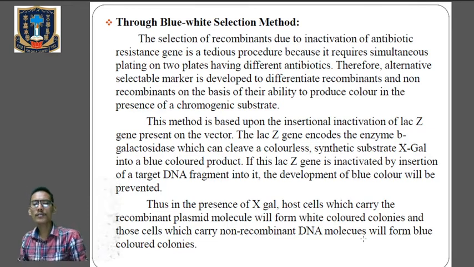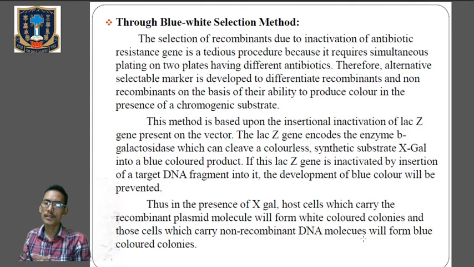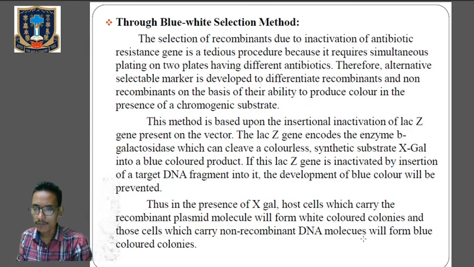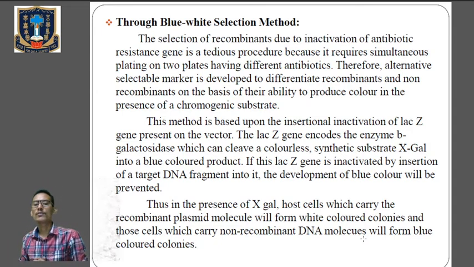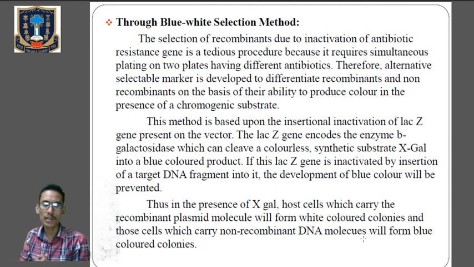Alternative selectable markers were developed to differentiate recombinants and non-recombinants on the basis of their ability to produce color in the presence of a chromogenic substrate. Chromogenic substrate means one which will impart color, which will produce color.